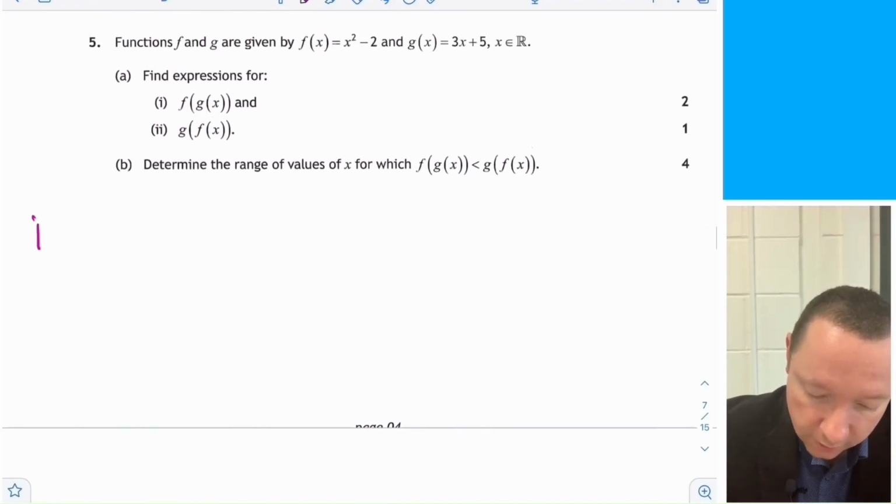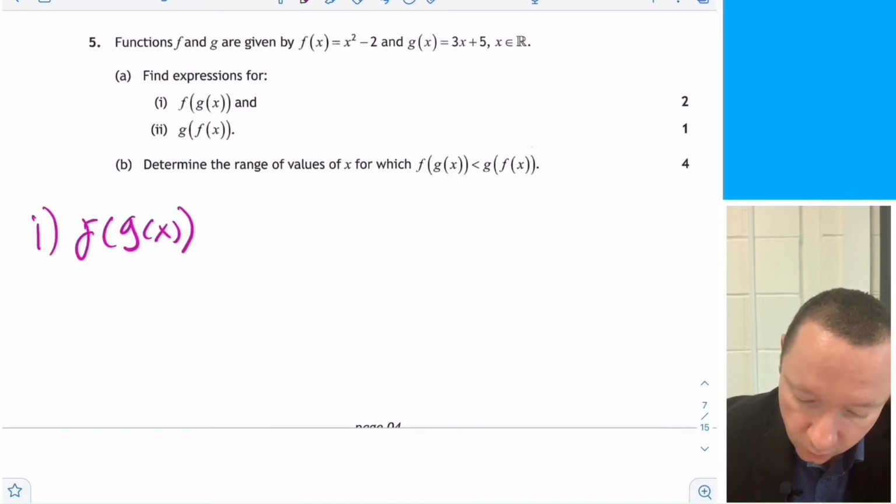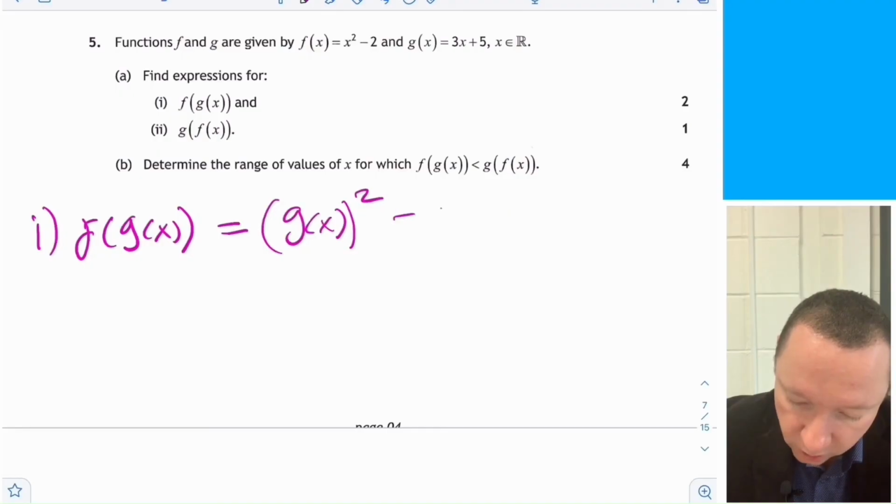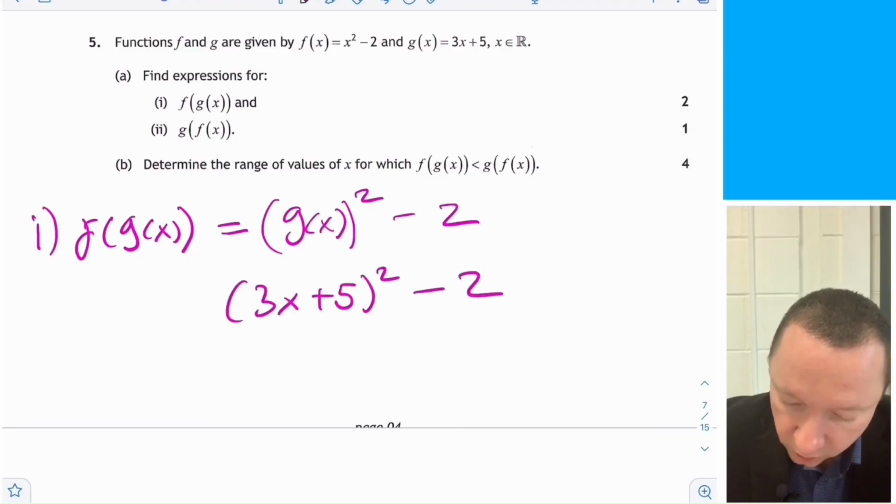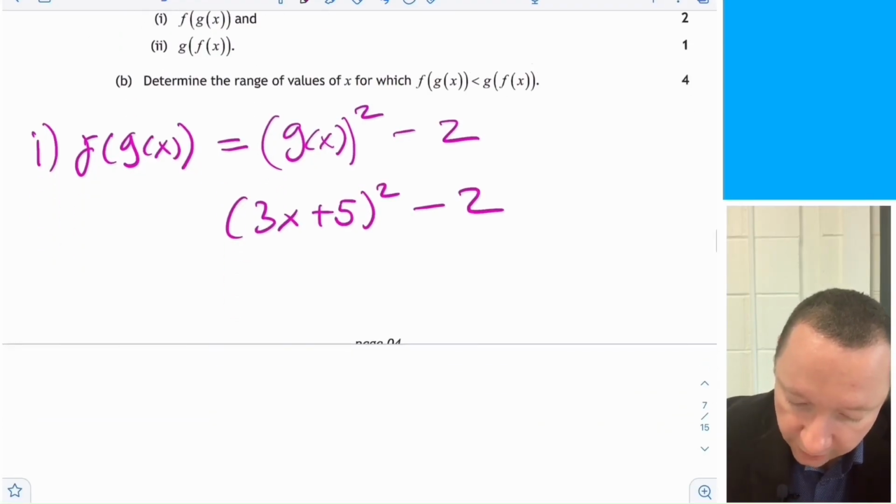Part 1, f of g of x equals, so we've got f of x is x squared minus 2, so we've got g of x squared minus 2, and g of x is 3x plus 5. 3x plus 5 all squared, take away 2. 3 3s are 9x squared, 3 5s is 15, times 2 is 30x. 5 5s is 25, minus 2.